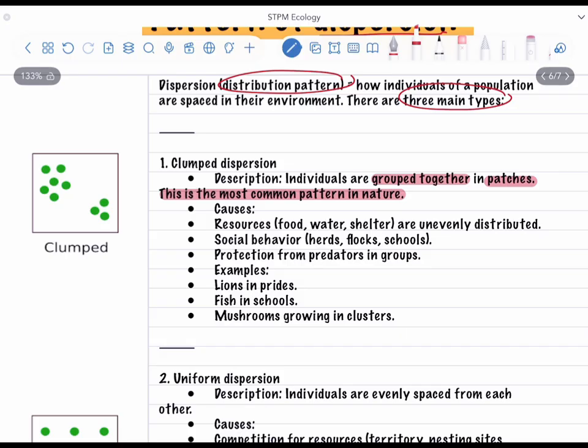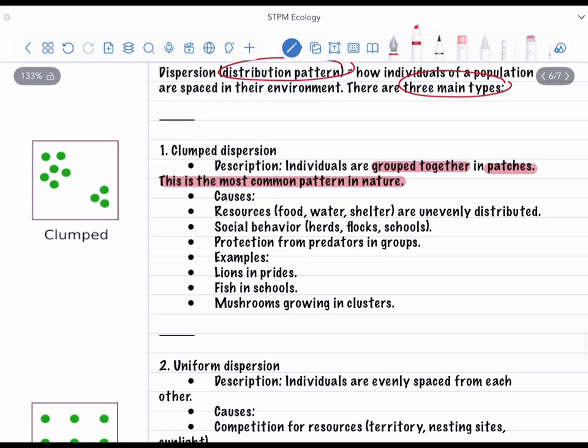The cause of organisms having this kind of clump dispersion is because they want to compete for the resources, food, water, shelter, because these resources are not evenly distributed.